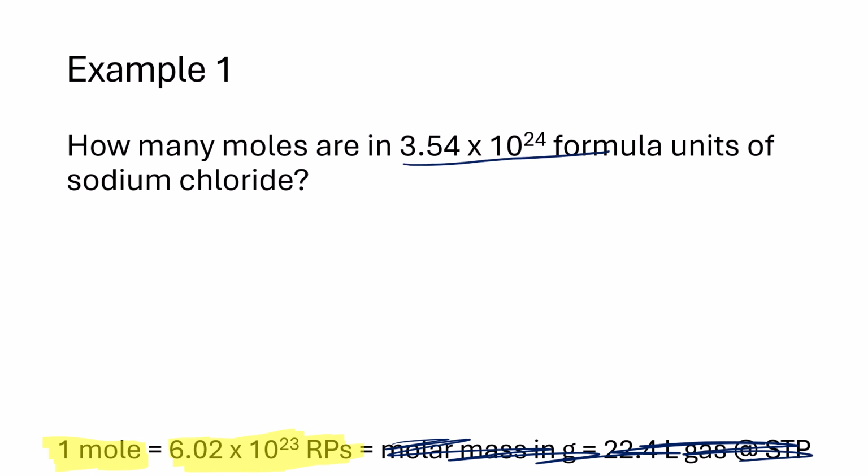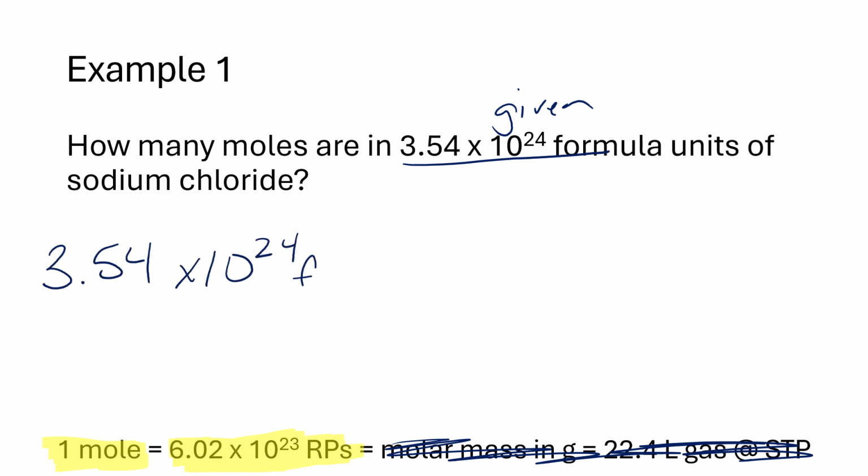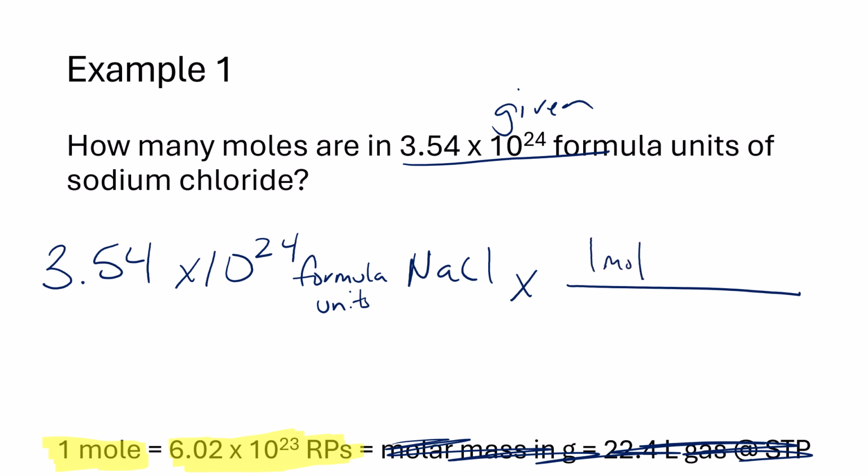Start with what you're given. And this is NaCl, that's why I know it's formula units and not molecules. And you want one on top, given on the bottom. So I want moles on top, and the given on the bottom, 6.02 times 10 to the 23rd.